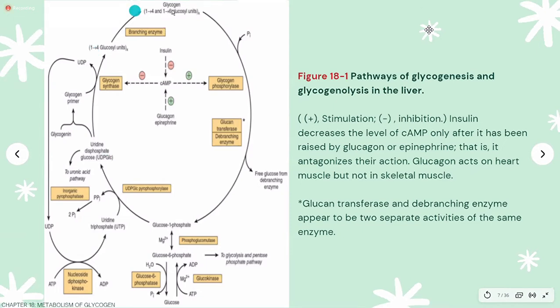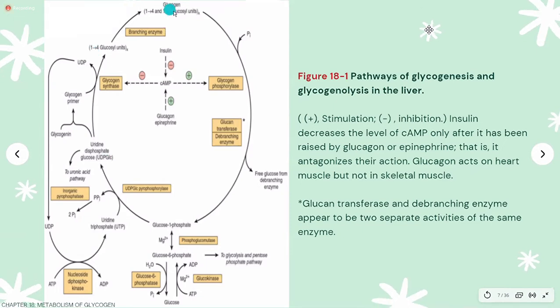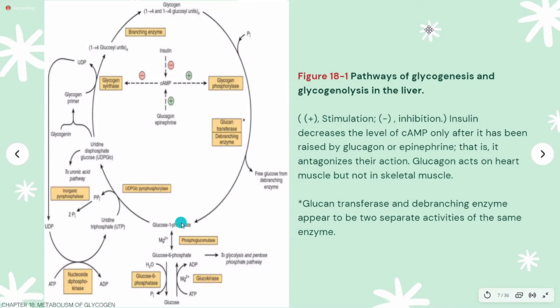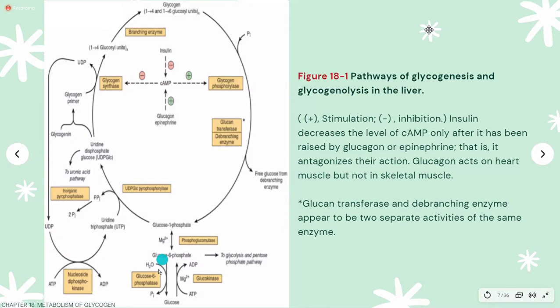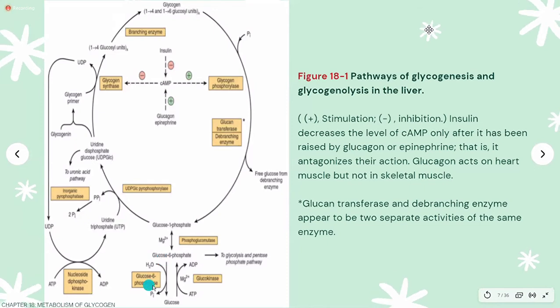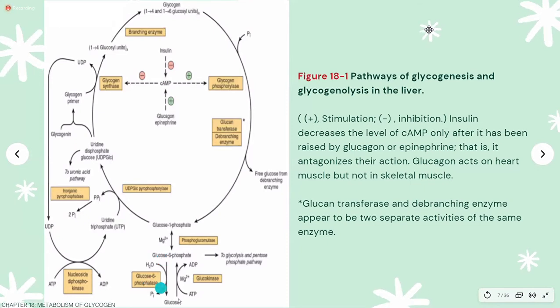So you have now glycogen on top. And when we go this way, we are breaking it down back to glucose 1-phosphate and then to glucose 6-phosphate. And then removal of the phosphate by a phosphatase, it becomes now free glucose.